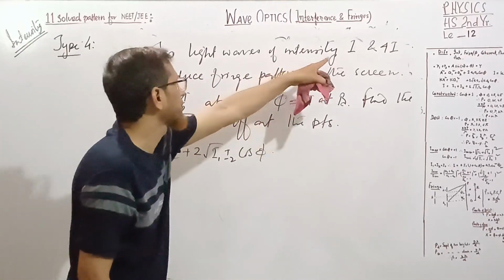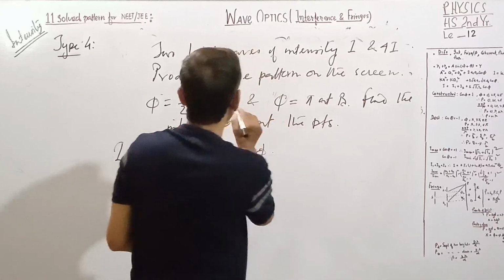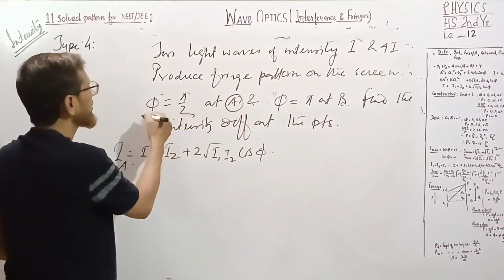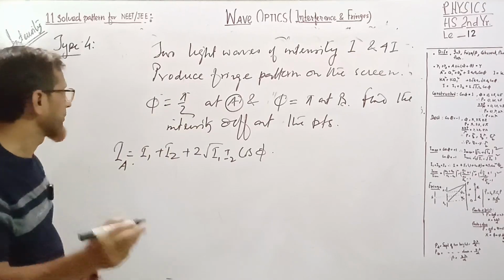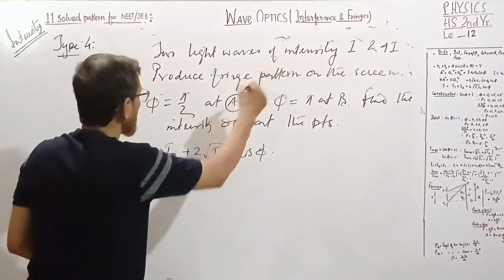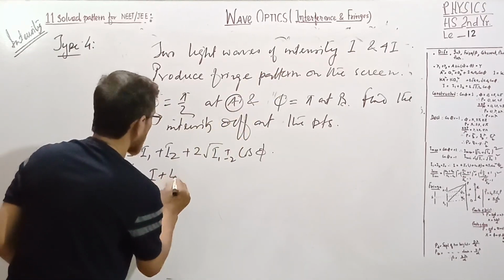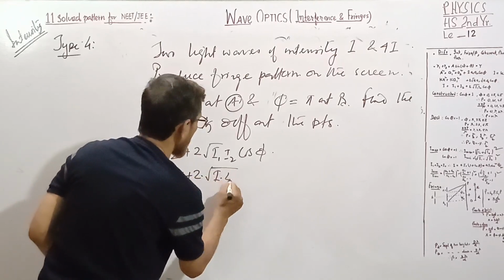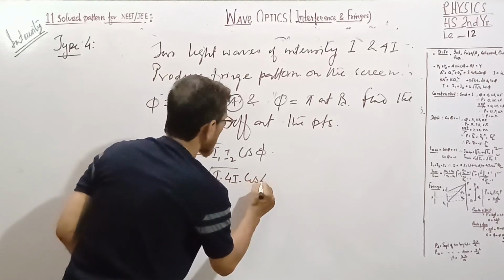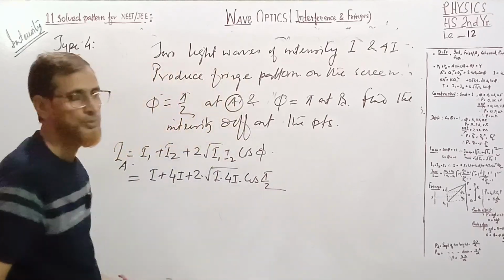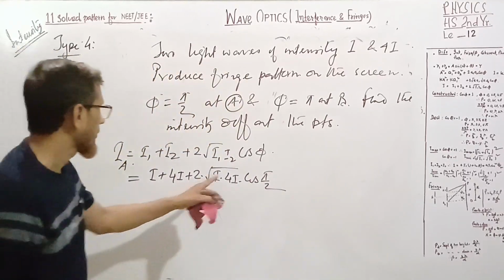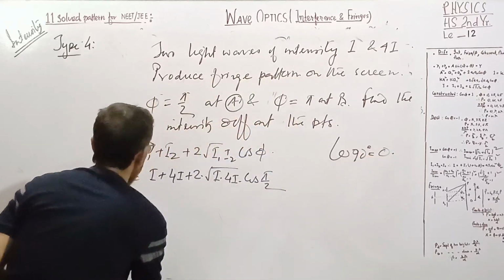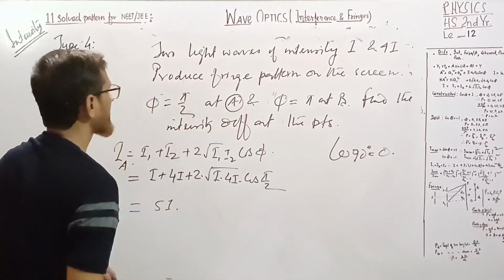So for the first condition, at point A, the phase difference is equal to pi by 2. The two intensities are I and 4I, so I plus 4I plus 2 root I times 4I cos pi by 2. Cos 90 is equal to 0, so that is equal to 5I.